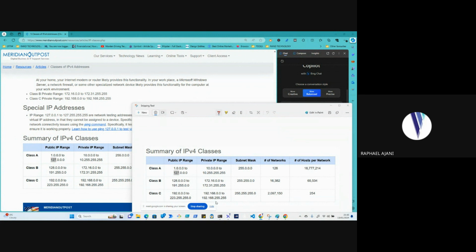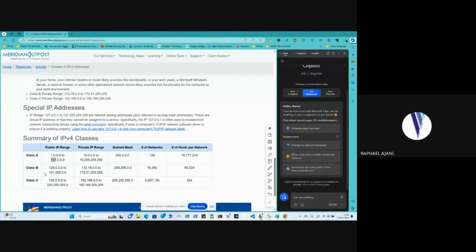All right, so that is just a breakdown. For class B, it starts from 128 to 191, right? Remember that it's graduating and moving upward from left to right. So when this one got to 191, the next field is 255, right?